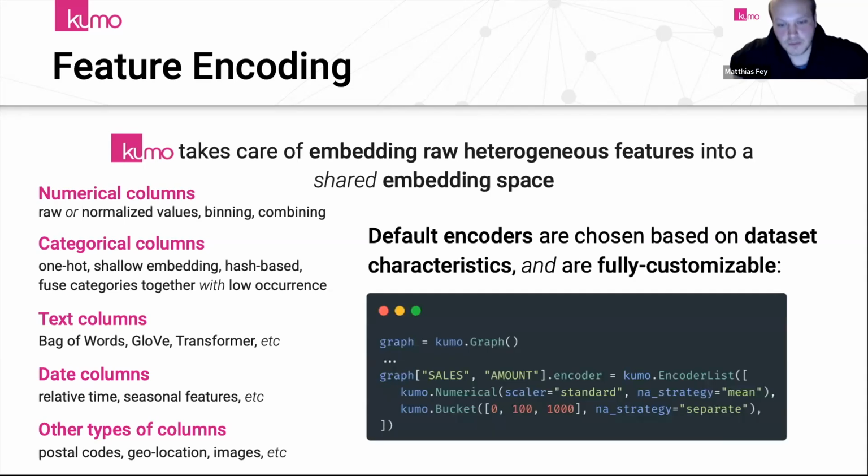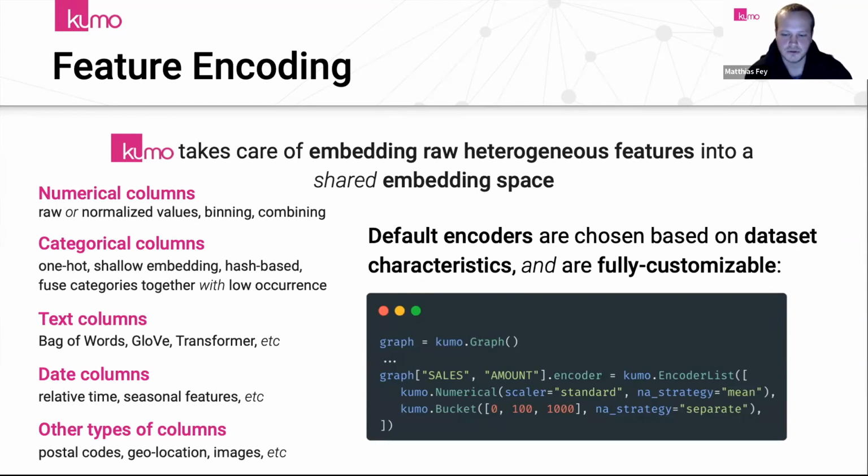And importantly, Kumo will choose a good set of default encoders and will also tune them as part of AutoML based on dataset characteristics. But it's important to note that you still have full control over how you want to have features encoded. So, for example, if you want to customize how the amount column of the sales table gets encoded, then you can do that by just assigning a new encoder to it.